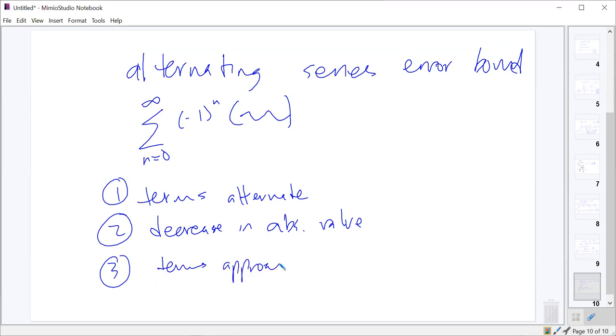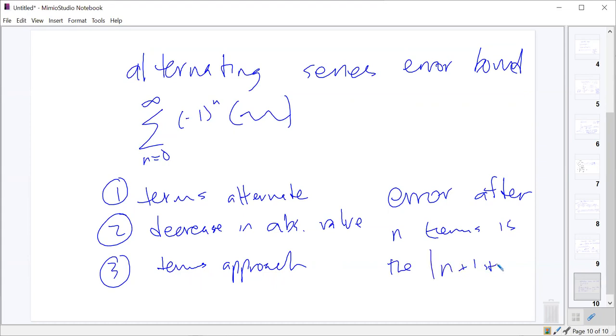If all three of those things are met, we can use the alternating series error bound, which just says that the error after n terms is the absolute value of the n plus first term. So the absolute value of the next term is the most that you might differ by if you have an alternating series.